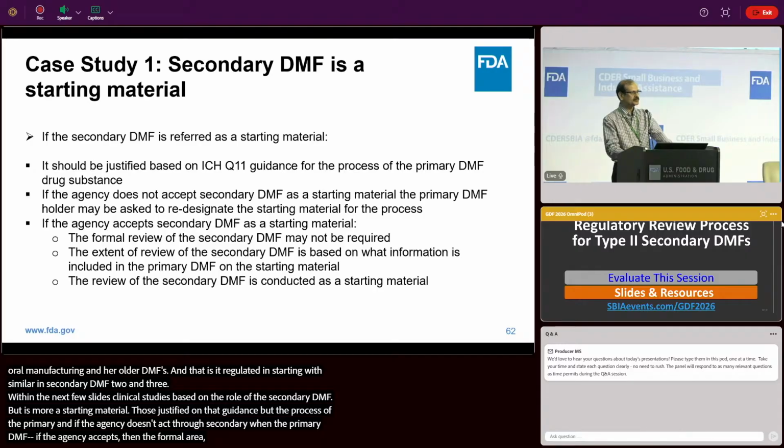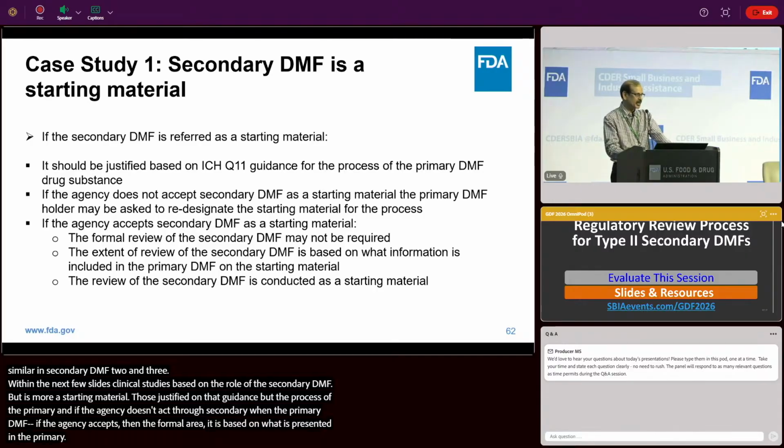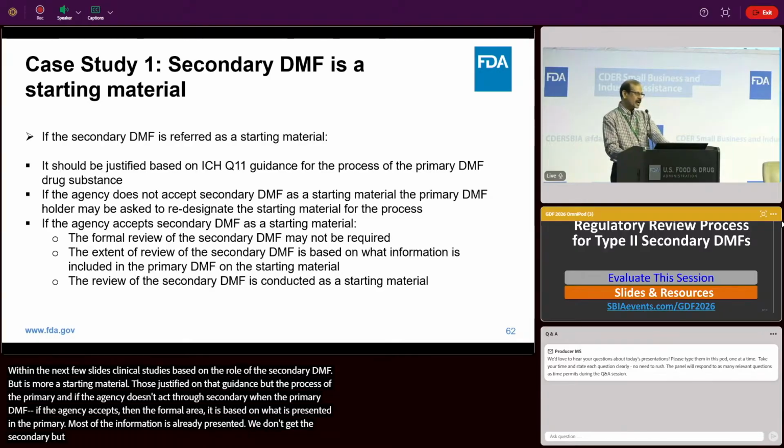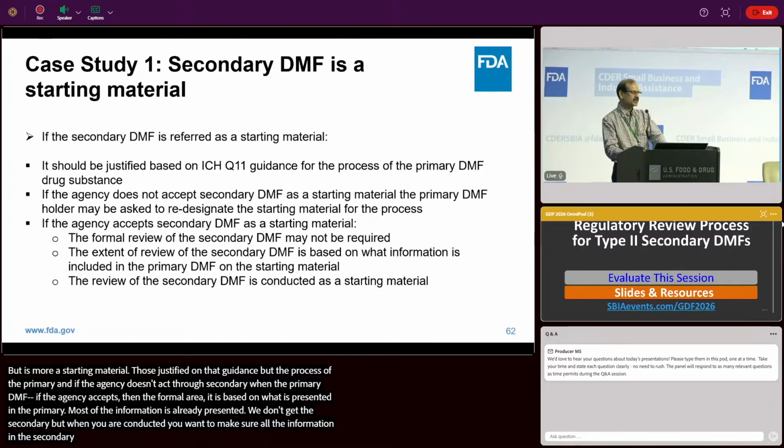If most of the information is already present in the primary DMF, we may not look at the secondary DMF, but if the information is not there in the primary DMF, we do look at the secondary DMF. And also, when we conduct the review, we want to make sure all the information for the secondary DMF as a starting material for this manufacturing process is present or not.